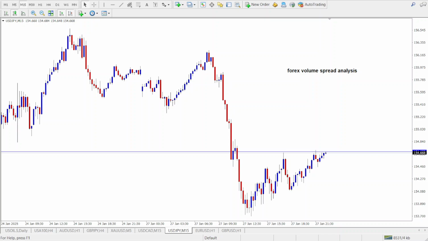We're just going to be starting with the basics. What exactly is volume spread analysis?